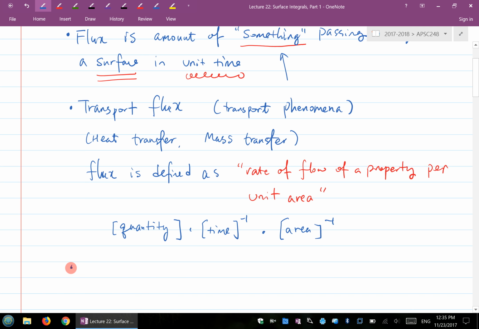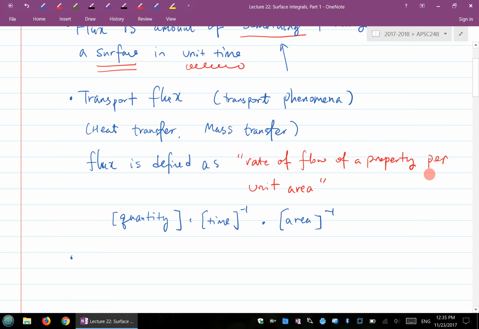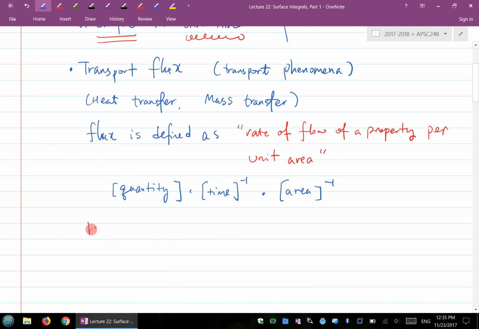For example, in heat transfer, you see the rate of heat flow across a unit area.